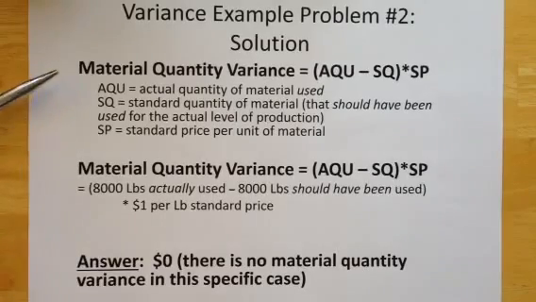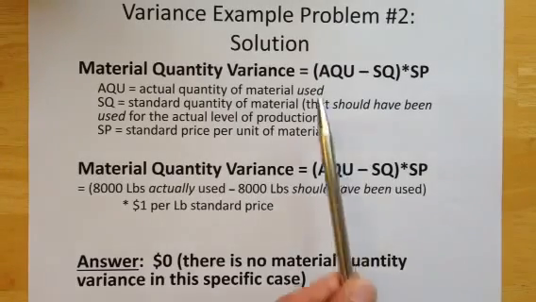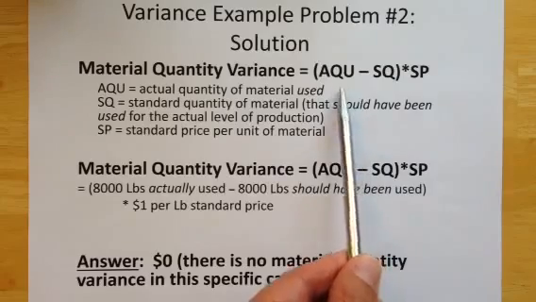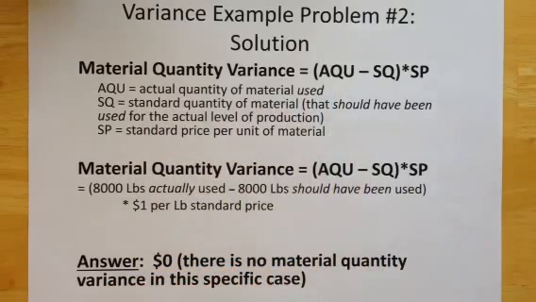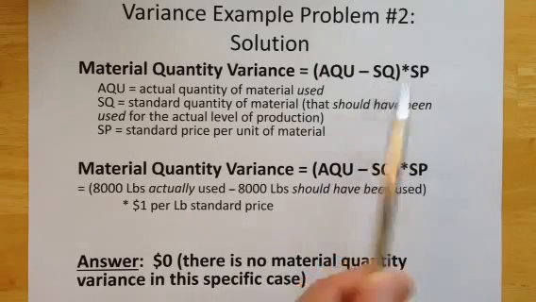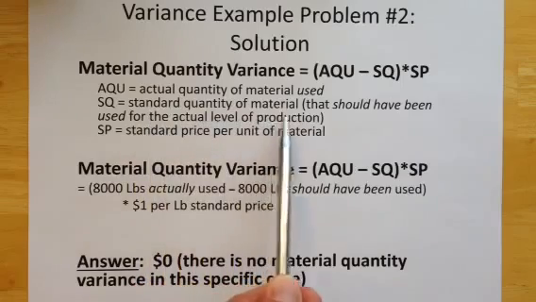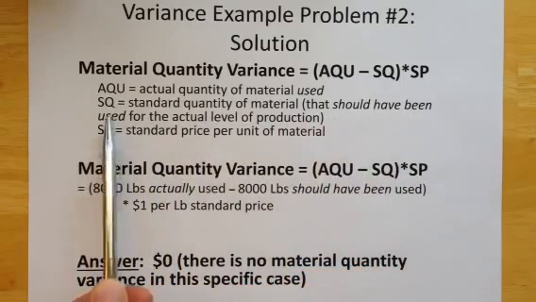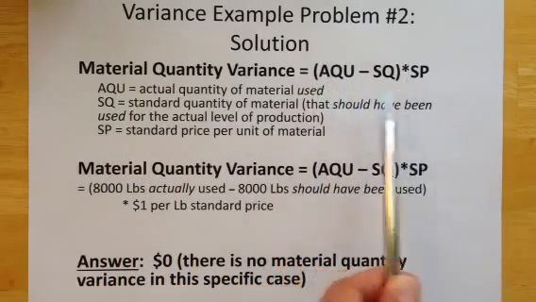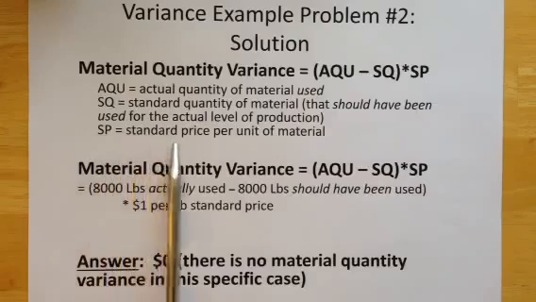So we're showing to calculate our material quantity variance, we take this quantity, AQU, which is the actual quantity of material used, the total amount used for our operation in the most recent period, minus SQ, the standard quantity of material that we believe should have been used, that's expected to be used for the actual level of production, and that quantity times SP, which again is the standard price per unit of material, that will calculate our material quantity variance.